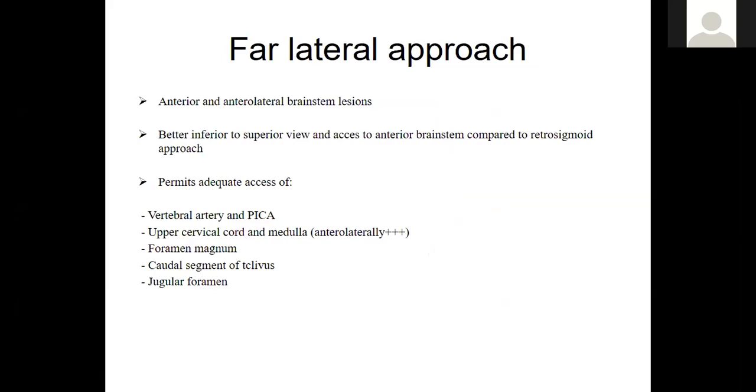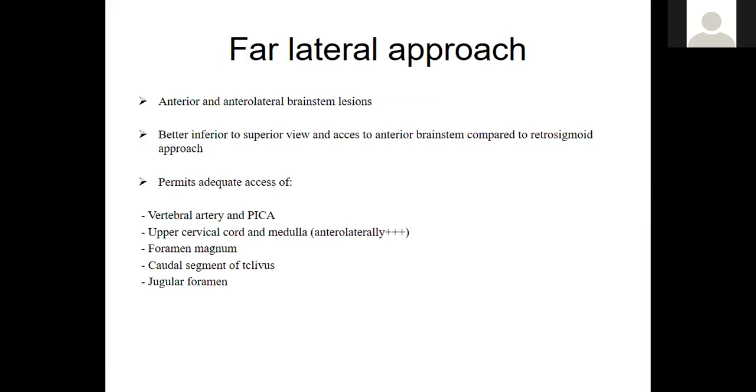In this far lateral approach, it is most preconized for anterior and anterolateral brainstem lesions, but mainly when it concerns the medulla oblongata, it's mostly used for anterolateral medulla oblongata lesions because it provides better exposure, and compared to the retrosigmoid approach, it provides better inferior and superior view and access to the anterior brainstem.